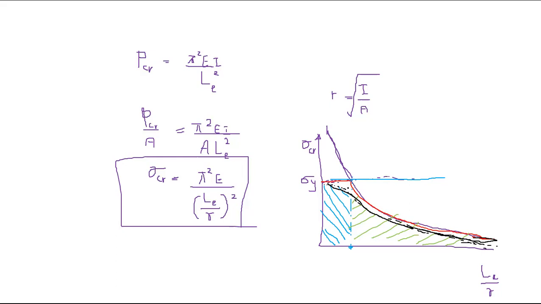So in compression, we need to check two things. Your Euler formula is valid when the sigma critical buckling should be lower than your yielding by compression. Otherwise, it will fail by compression, right? Under this assumption only, you can use the Euler formula, right?